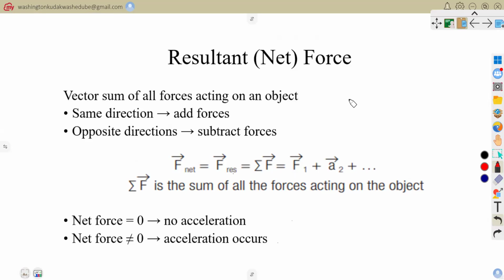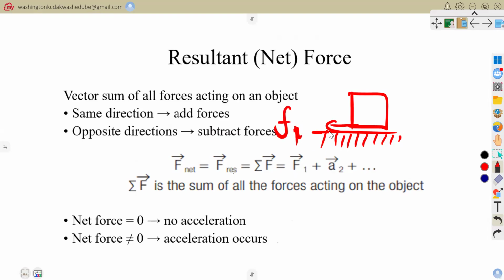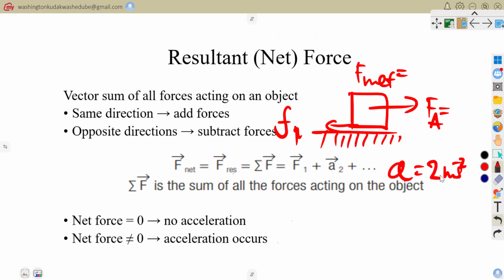For example, they will say we have got an object that is resting on a horizontal rough surface. Determine the frictional force that is acting on that object if the applied force maybe is equal to a certain magnitude and the net resultant force is equal to, or else your acceleration of the object. They tell you that the acceleration of the object is equal to 2 meters per square second.